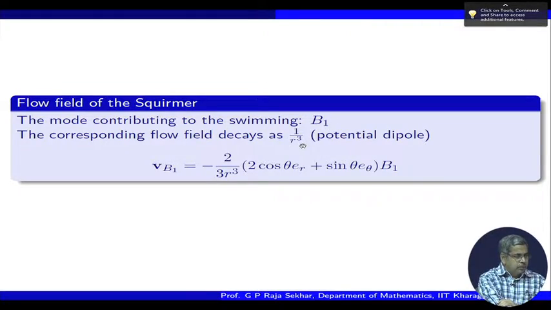And again I apologize for introducing this term potential dipole, because these are singular solutions, the details we discuss later. For the time being, you understand that when we say a source, a sink, a dipole, etc., these are singular solutions. Details we learn. So, the mode B1 corresponds to swimming, and this is the complete velocity.